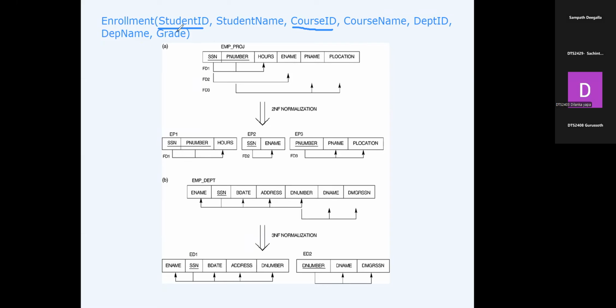So given this relation, if you ask to identify the primary key, you have to combine both the student ID and the course ID together. Next question for you is, identify the functional dependencies. What are the functional dependencies?